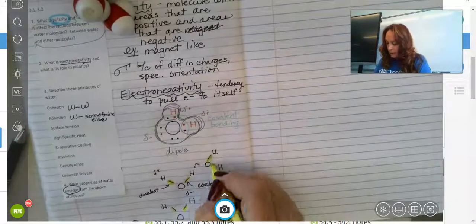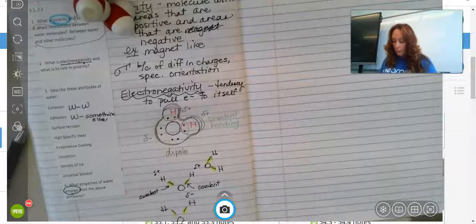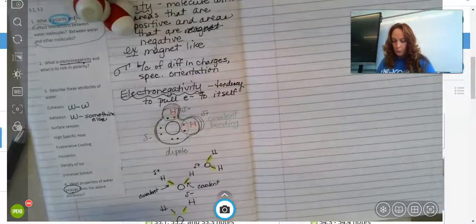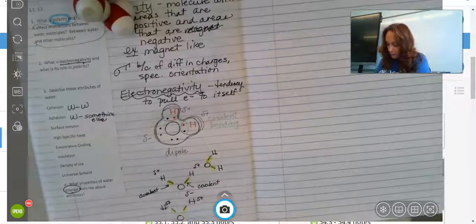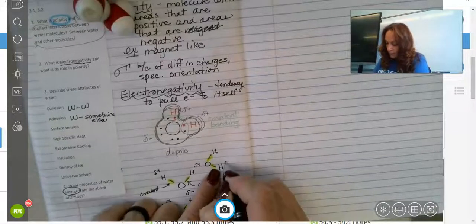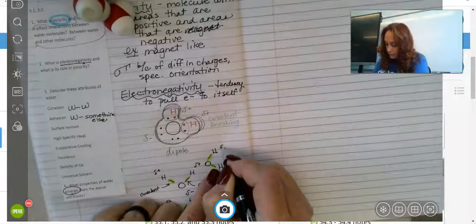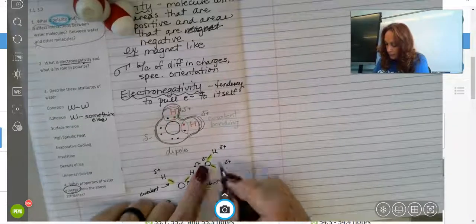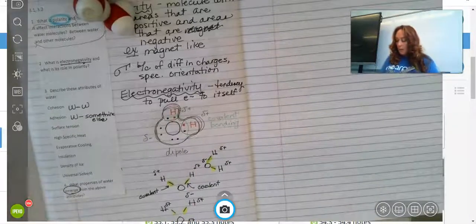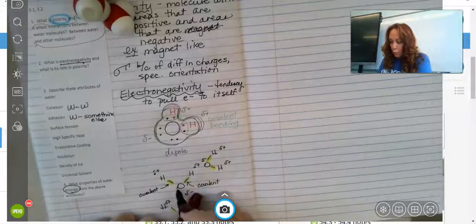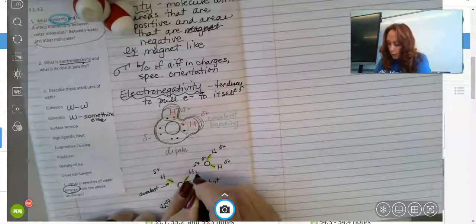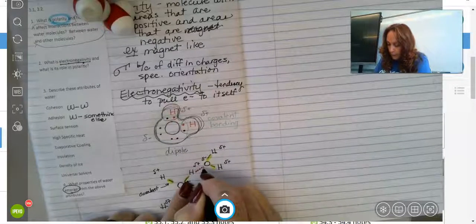So there's the covalent bonds, because I've drawn 3 waters. So now I'll put partial positive, negative, partial negative. Okay? So this attraction between the partial positive and the partial negative of one water to another water is called a hydrogen bond.